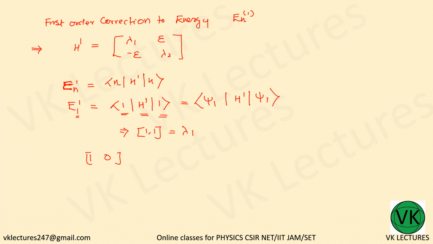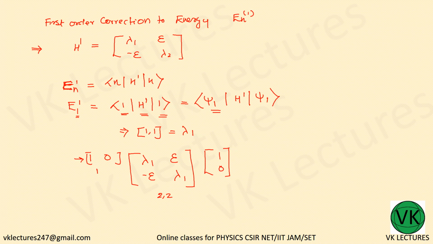First, psi 1 is a row vector because it is a bra vector. Then H dash, what is H dash? Lambda 1, E, E, lambda 1. And what is again psi 1? Psi 1 is 1 0. Now this multiplication would yield, first you have to, this is a 2 by 2 matrix, this is the number of rows and columns.